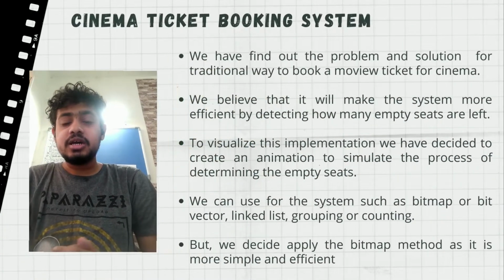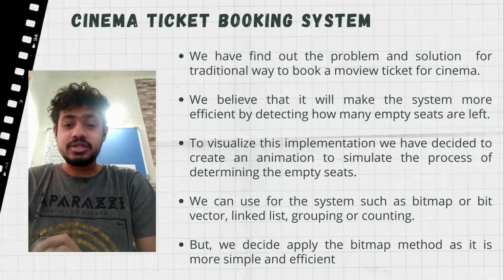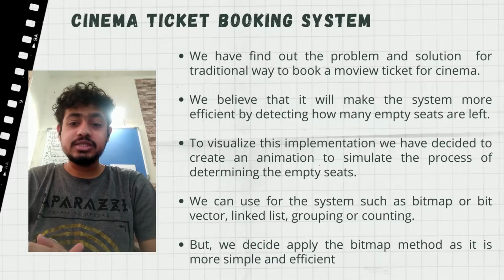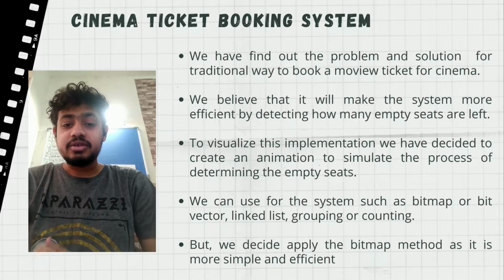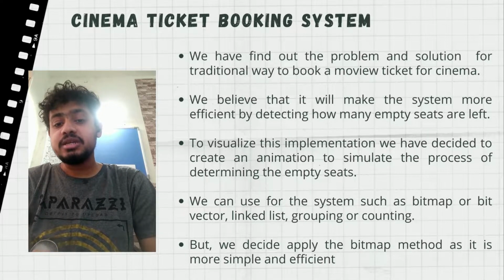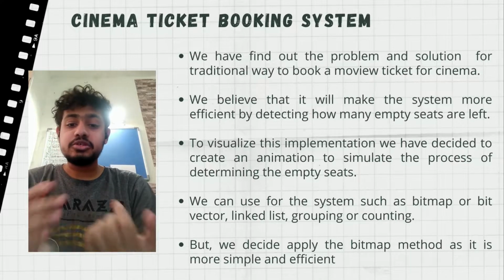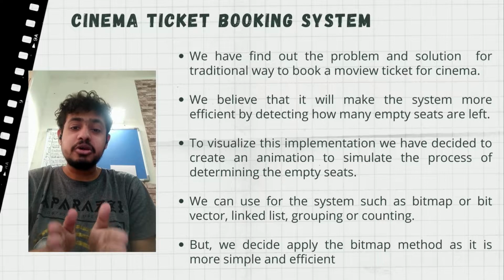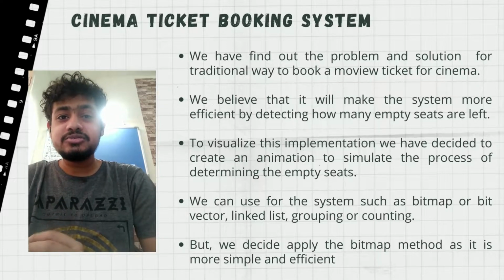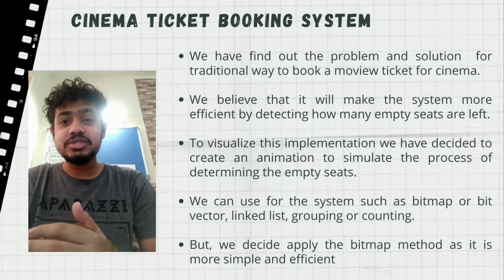My name is Ariful, and now I'm going to talk about why we chose this cinema ticket booking system for our free space management project. I will be briefing about the problem statement and how we found our proposed solution. Since free space management was decided as the topic of our project, we started to find a problem for it.